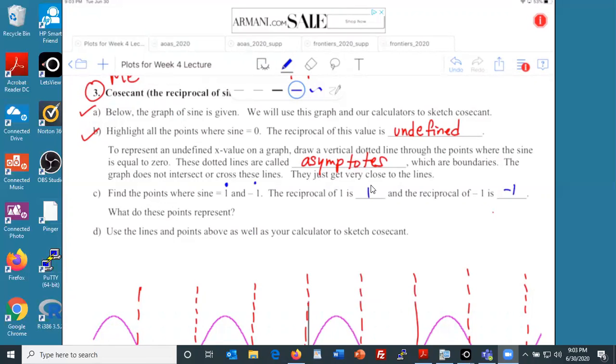So what these points represent are intersections of sine and cosecant. Because if sine is 1 and the reciprocal is 1, they're equal values. And if you remember from algebra, two graphs intersect when they have equal values. So like 1 and 1 are equal, -1 and -1 are equal.